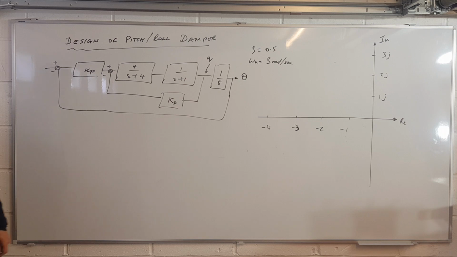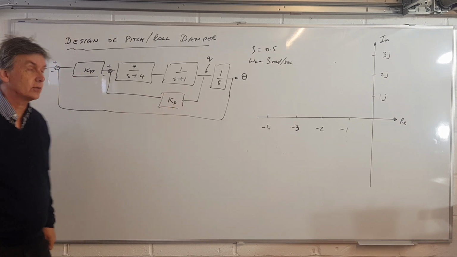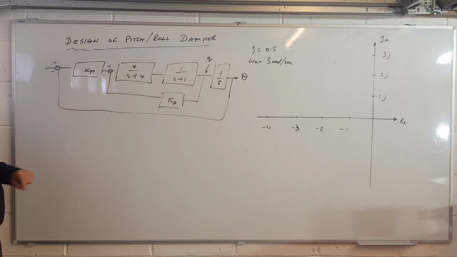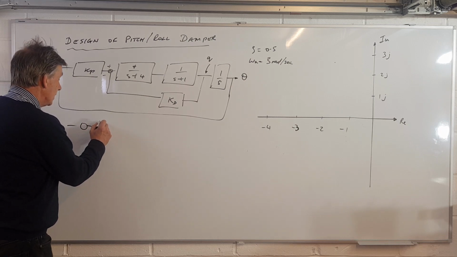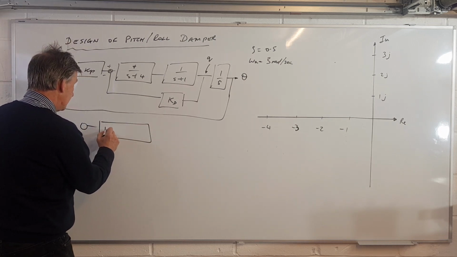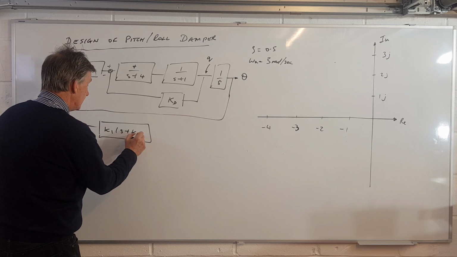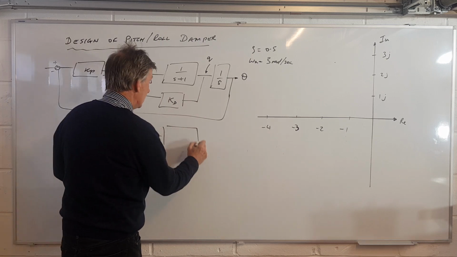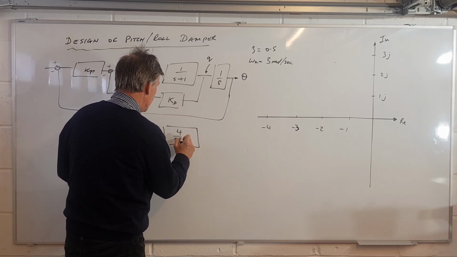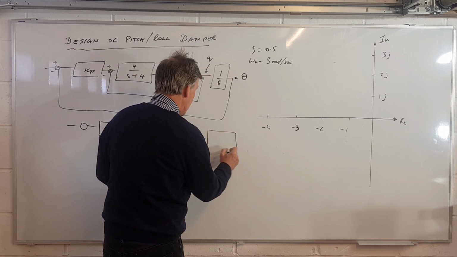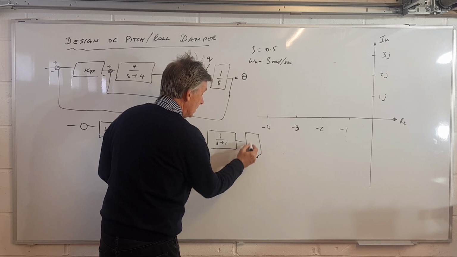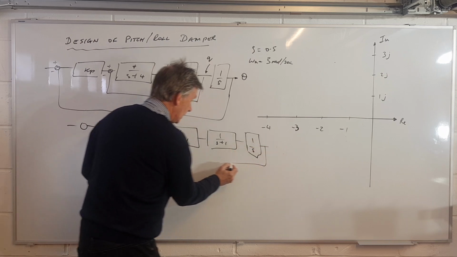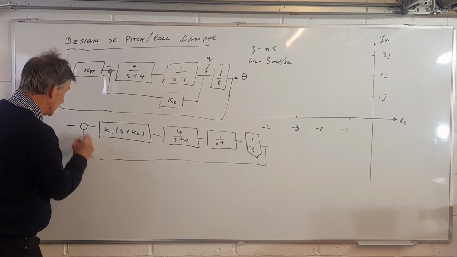Now the first thing is we can't actually solve the problem as it stands here because it's got 2 feedback control loops in. So we've repositioned our second feedback control loop, so we've actually got this. So we redesign the control system.